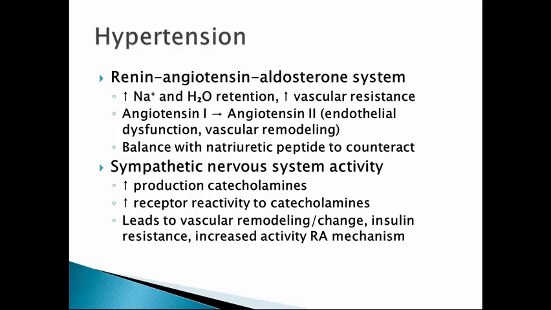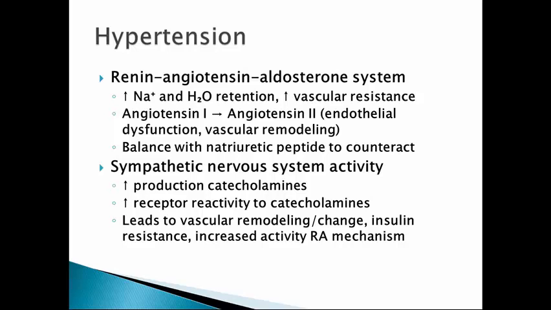In the sympathetic nervous system world, there is an increased production of catecholamines. In addition to that, there is an increased receptor reactivity to those catecholamines. So not only are you producing more, those receptors are more reactive. When you have that catecholamine effect in high blood pressure, this then leads to vascular remodeling and changes within those vascular walls.